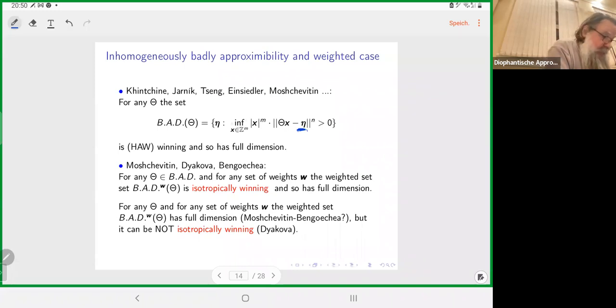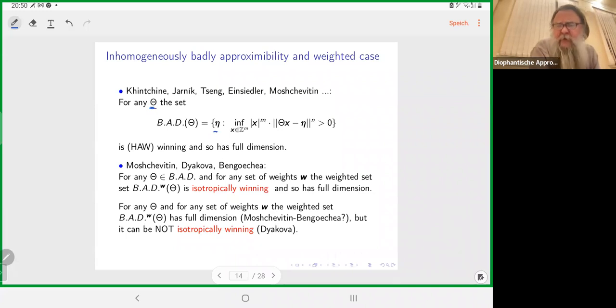If we deal with arbitrary matrices and look for the set of these etas which make the system of linear forms badly approximable in the inhomogeneous setting, we observe that this set is very large.